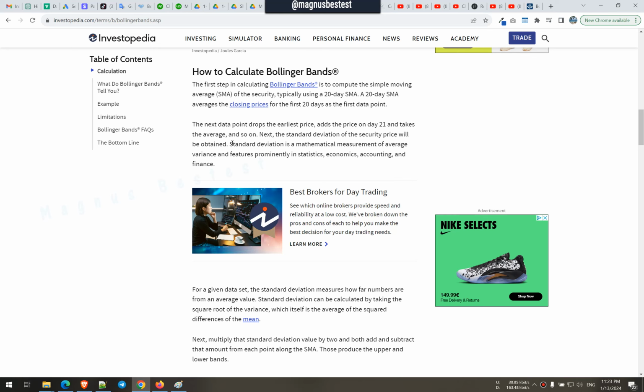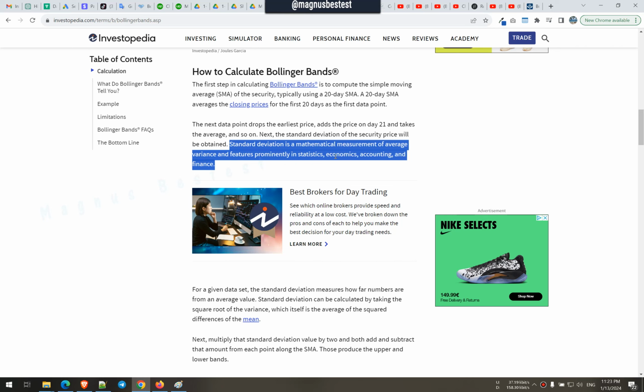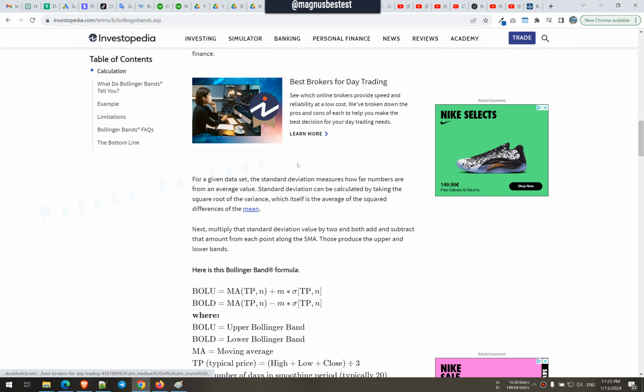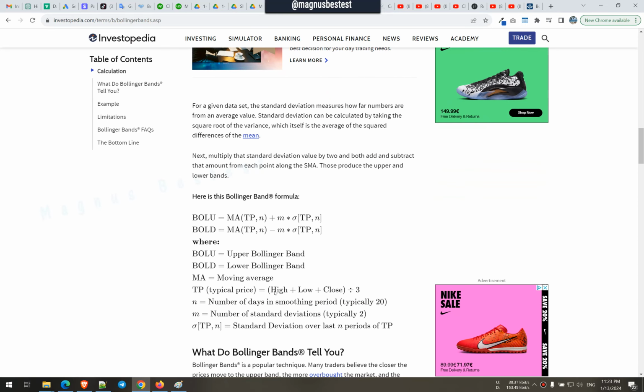Standard deviation is a mathematical measurement of average variance and features prominently in statistics, economics, and so on. We want to know how much it differs from the average, so the way we get it is also taking into account the high, low and close, and then we use the average.